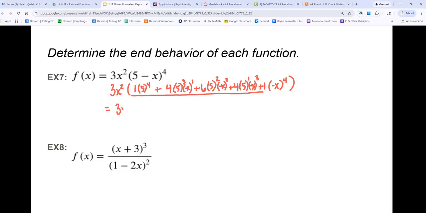So I'm going to have 3x squared times some stuff up here, and then I'll have an x to the 4th there at the end, right? Which will give me, when I distribute that 3x squared to everything, some stuff that is not that important for end behavior, right? Plus 3x to the 6th power.